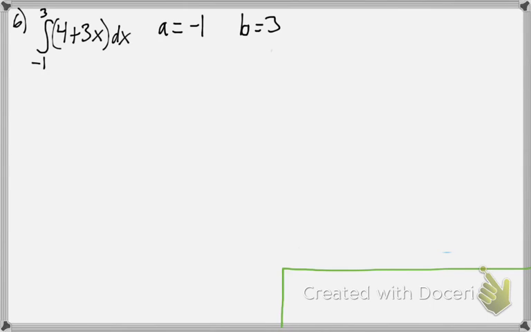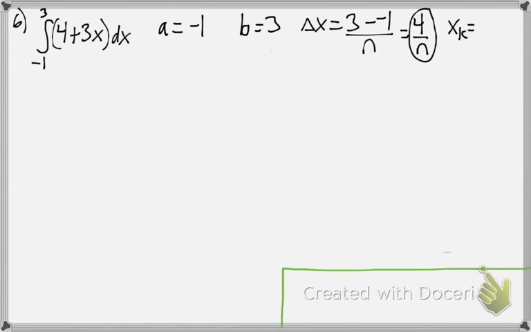So the delta x is going to be 3 minus -1 over n, so that's going to be 4 over n. I'm going to circle that because I want to refer to it. My x_k is going to be -1 plus 4 over n times k, and I'm also going to refer to that.